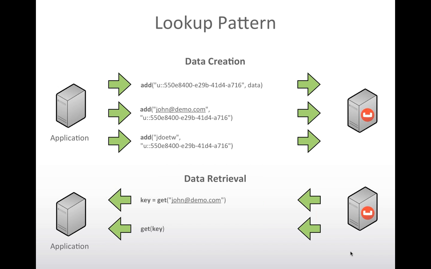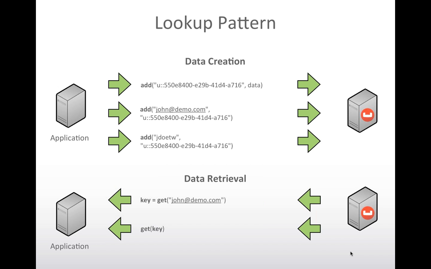So when you want to add, for example, a specific data with the ID 550E and so on, and you know that it's related to the user John, and John has an email and a Twitter ID, what you can do is create another key that will be related to this one that contains an email, and the value is the ID of the initial document.